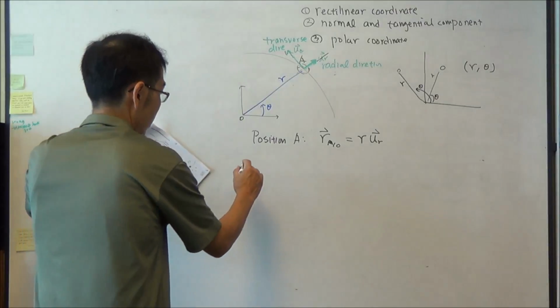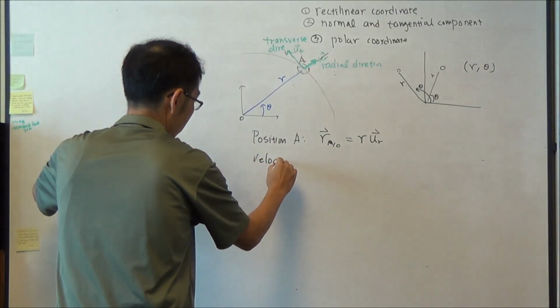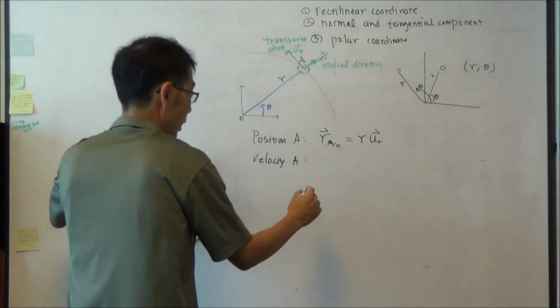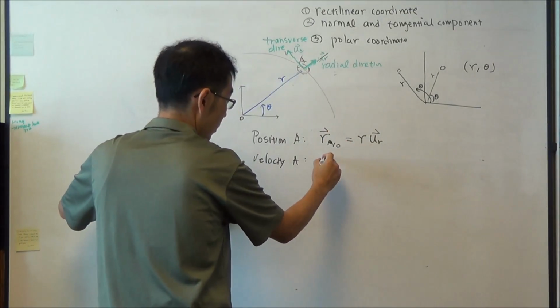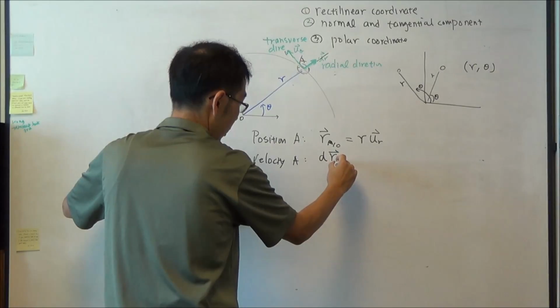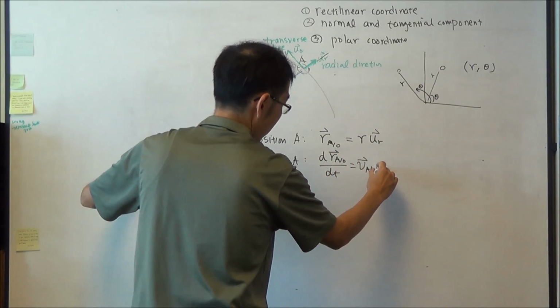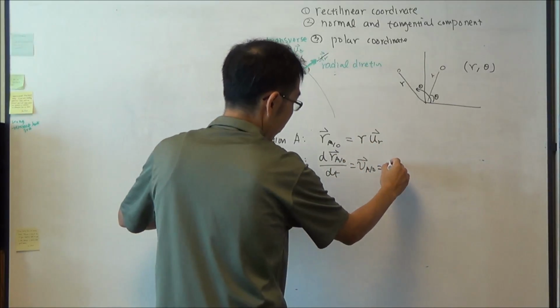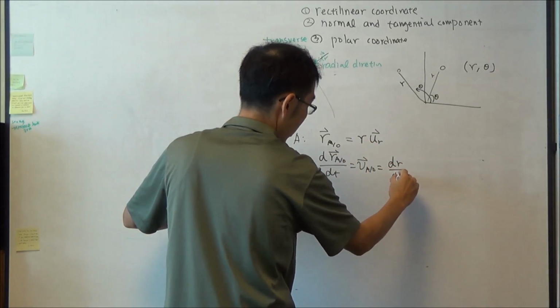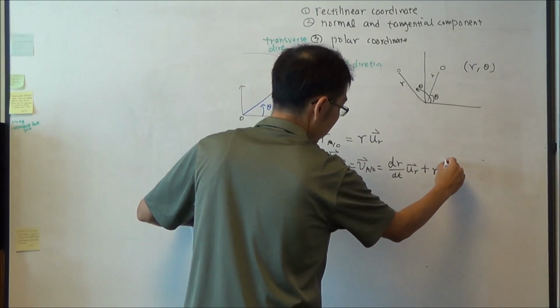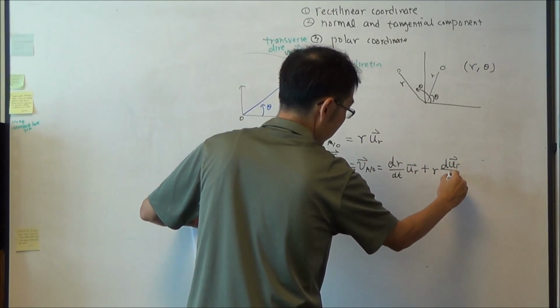How about the velocity? Velocity is just the time derivative, right? So dr_A/dt, that's the velocity. So I need to take the time derivative: dr/dt times u_r, plus r times du_r/dt.